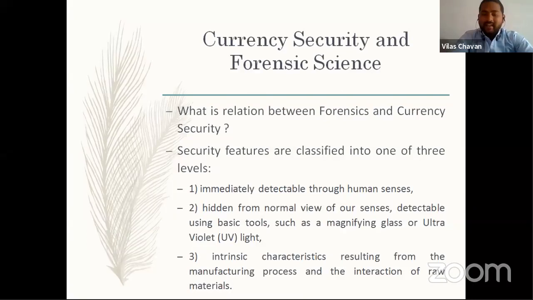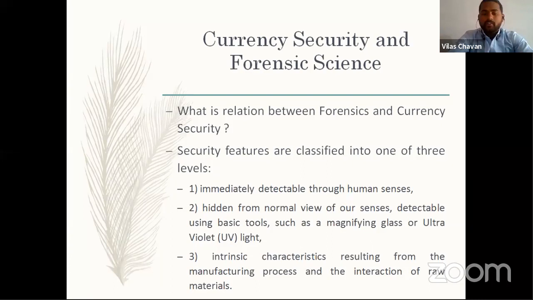So to see the security features, we must have some basic tools such as a magnifying glass or some other light sources like UV or transmitted light. And here third level is intrinsic characteristics resulting from the manufacturing process and the interaction of raw materials which are being used for the production of security documents, particularly banknotes.